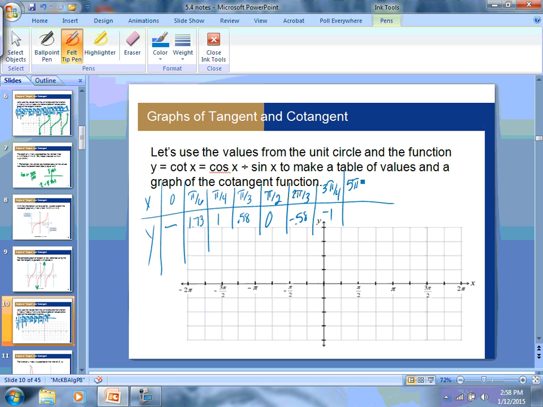And then 5 pi over 6. Okay, there again, I'd find that terminal point, do the cosine value over the sine value. So I would get the negative square root 3 when I simplified that. So negative 1.73. And then at pi, I get another undefined value.